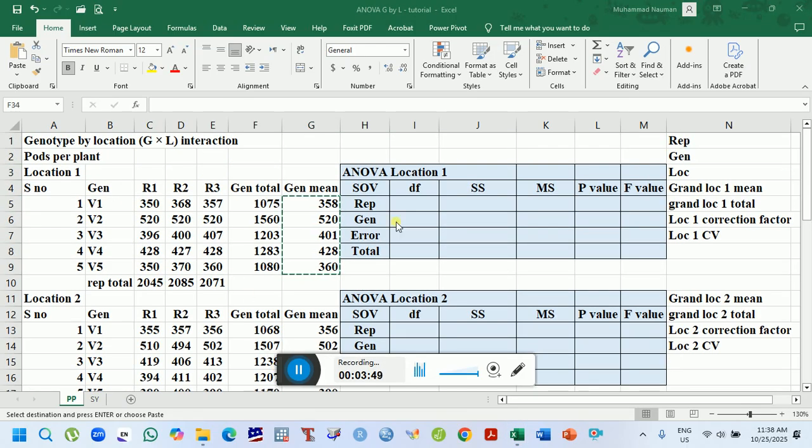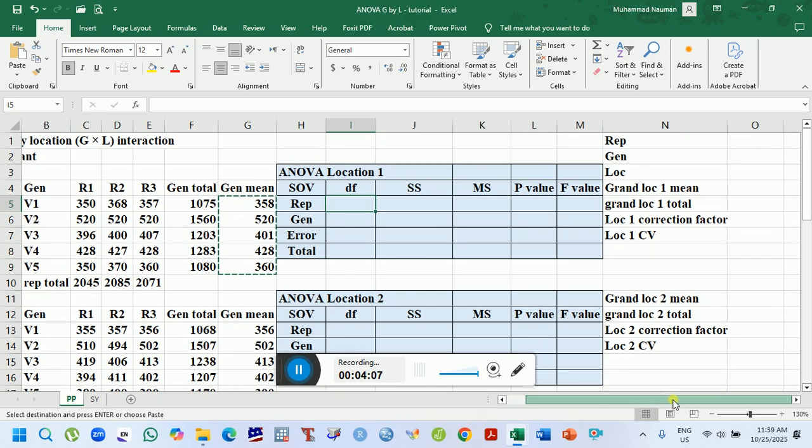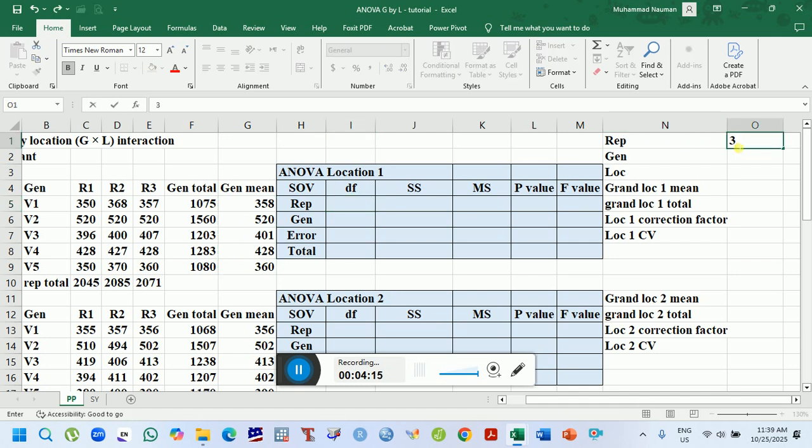Okay, now we will calculate the degree of freedom of each ANOVA at each location. Here we have how many reps? We have 3 replications here. 3 replications, genotypes we have evaluated is 5 and location is 4 locations.